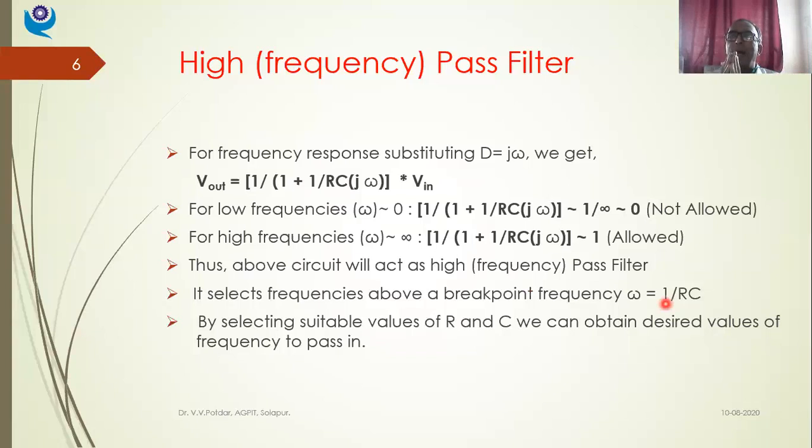So my high pass filter will allow the frequencies above this allowable frequency, and prior to that, it will just block. So by selecting suitable values of RC, we can obtain desired values of frequency to pass.